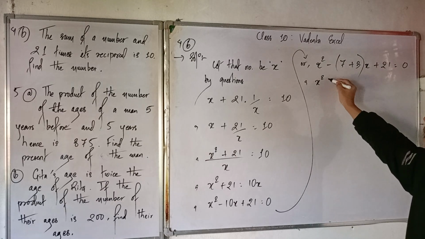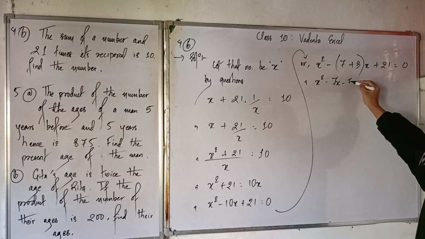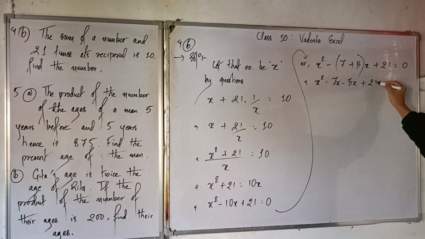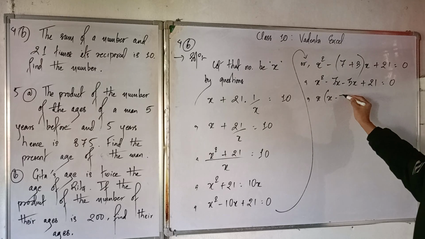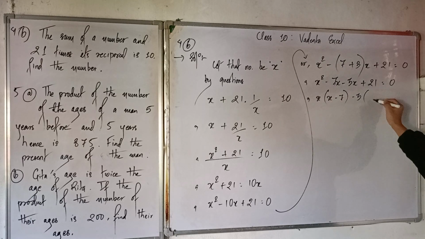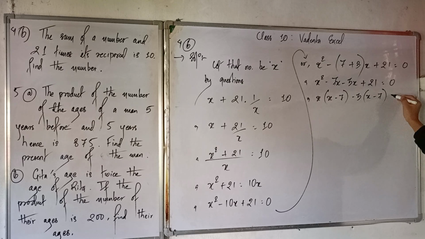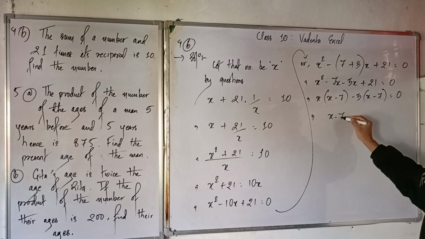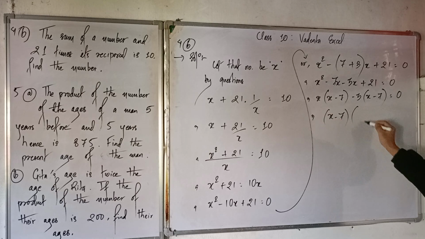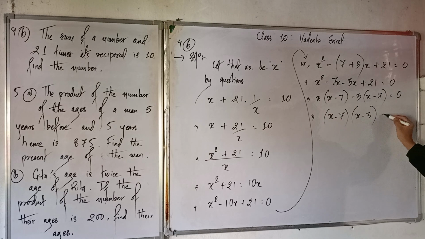Now x squared minus 7x minus 3x plus 21 equals 0. Take x common here, x minus 7. Take minus 3 common, x minus 7 times minus 3. Now you take x minus 7 common, and x minus 3 will remain inside the bracket.